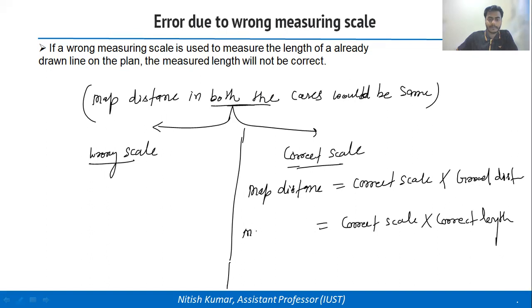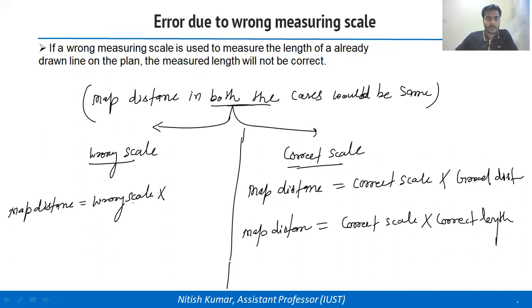Now here also we can write map distance. In this case, map distance is equal to wrong scale into measured length. Measured length means the ground length. Okay, so whatever the measured length, right?